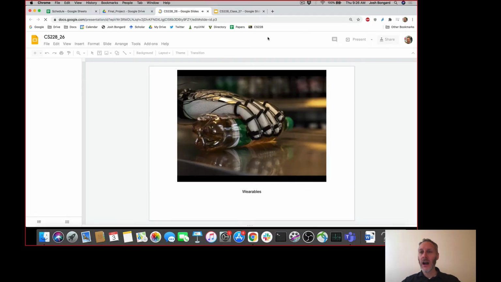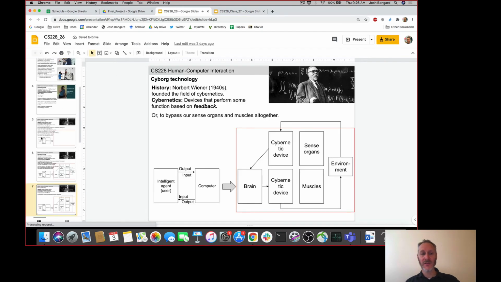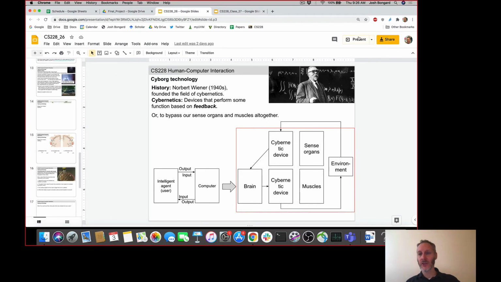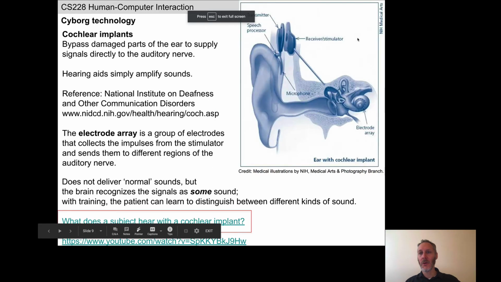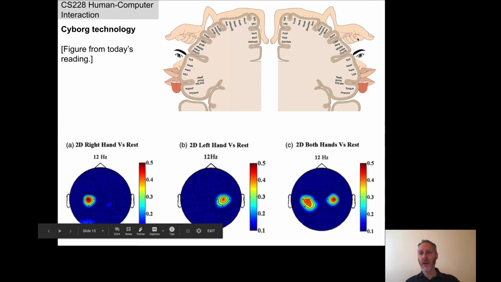Okay, so let's try and put ourselves in the shoes of somebody actually wearing or using this device. I want you to look at your screen, and I want you to imagine moving the cursor from the bottom of the screen to the top of the screen.